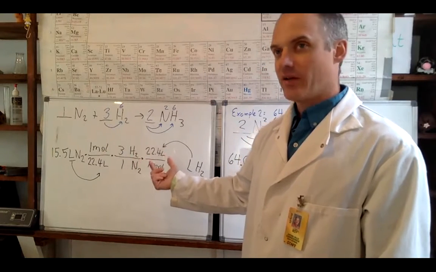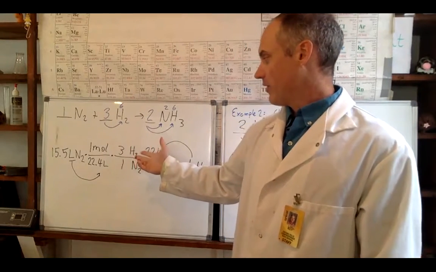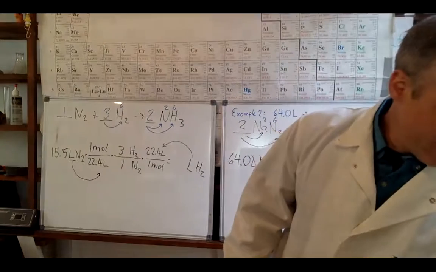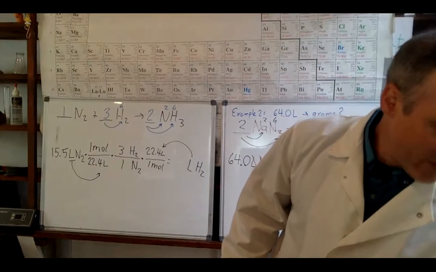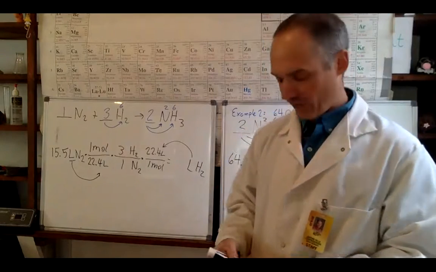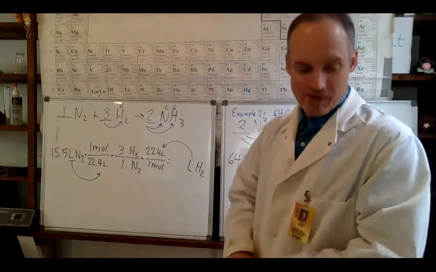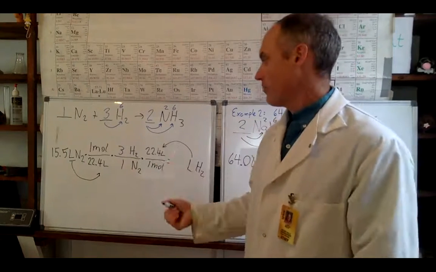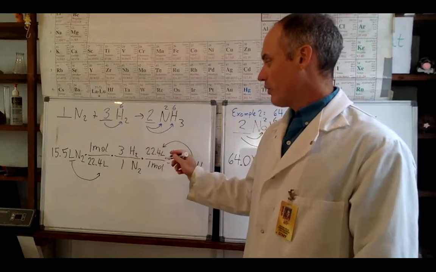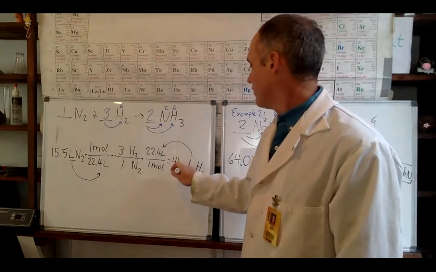Like you can put it in a calculator, divide by 22.4, multiply by 3, multiply by 22.4, and you'll get the right answer, because it will come out to 46.5. But you can also simplify this quite a bit. So if you take the 15.5, divide by 22.4, multiply by 3, multiply by the 22.4, you get 46.5 liters.